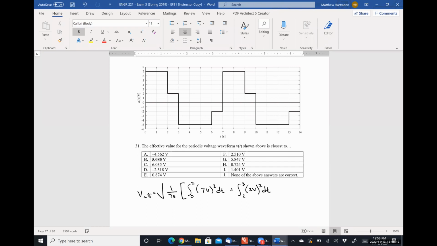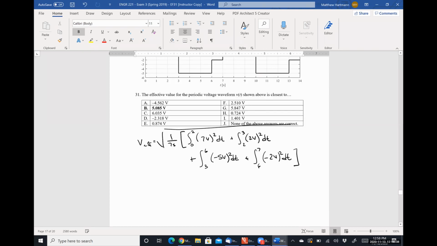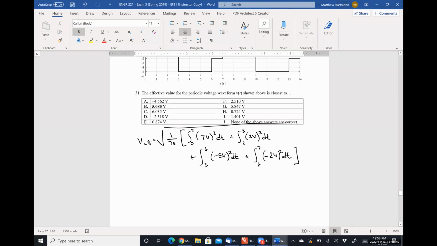I'm running out of room here, so I'll sneak it down here. 3 to 6 seconds, it has a value of -5 volts. And finally, from 6 to 7, it has a value of -2 volts. So this whole thing is under the square root. So that would be square root of 1/7.